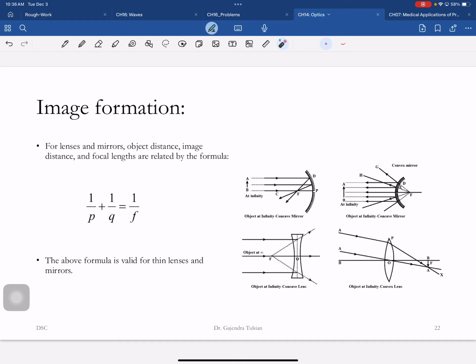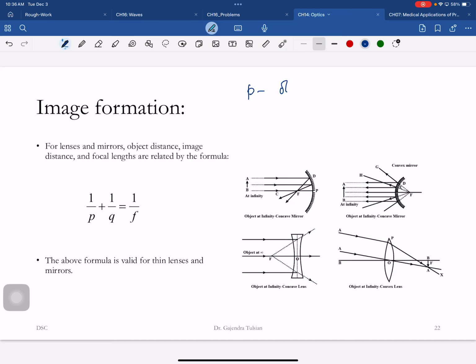Okay, here's the important formula. What this formula gives you is it works for mirrors and lenses. P is the object distance, the distance of the object from the mirror or the lens. Q is the image distance. So let me write it down.